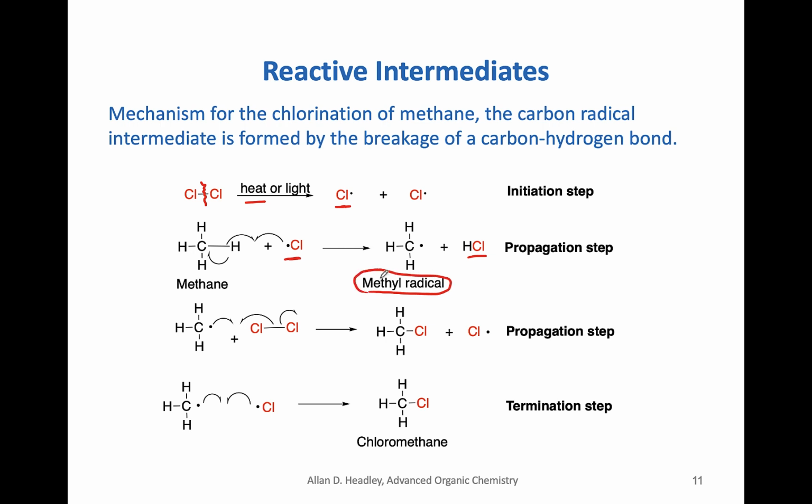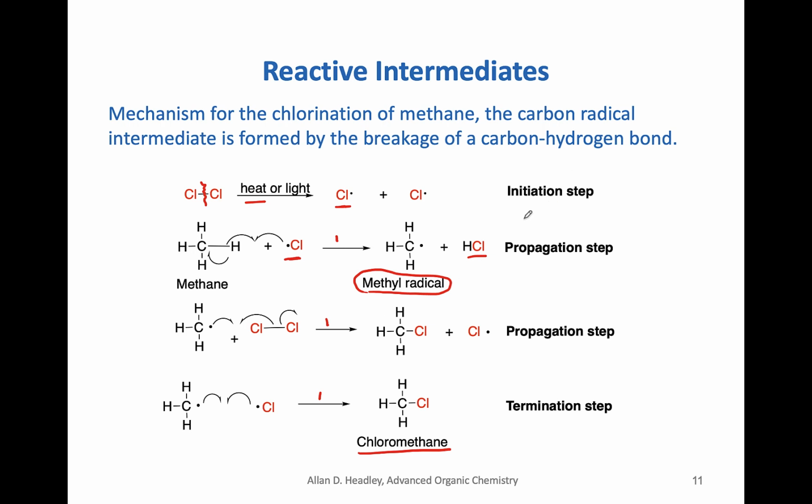So that is our organic intermediate that's formed for this reaction. Of course, it goes on until we actually get the product. So these are different steps here for the reaction mechanism. Different elementary steps or reactions for the overall reaction.